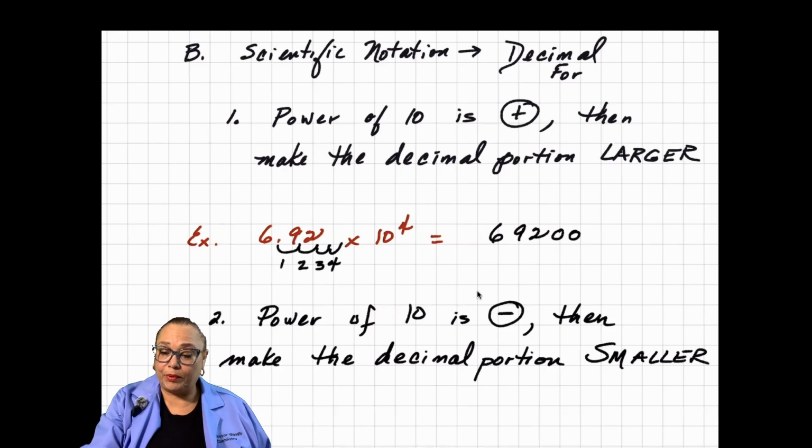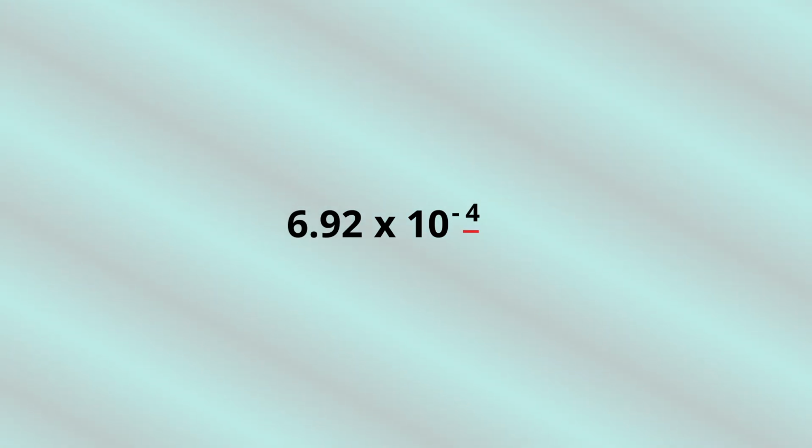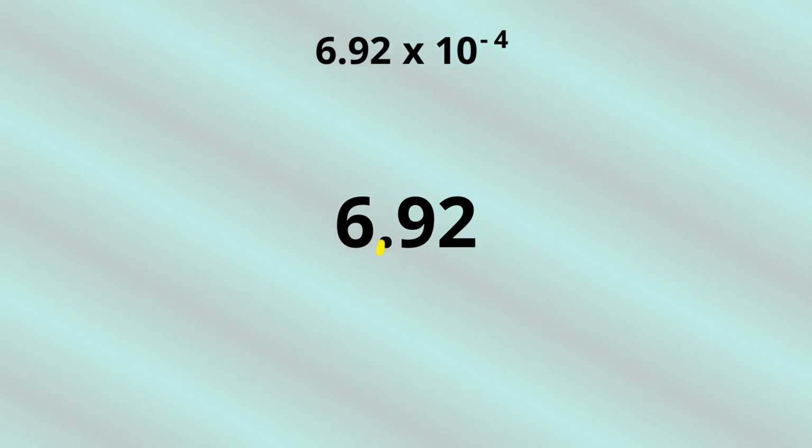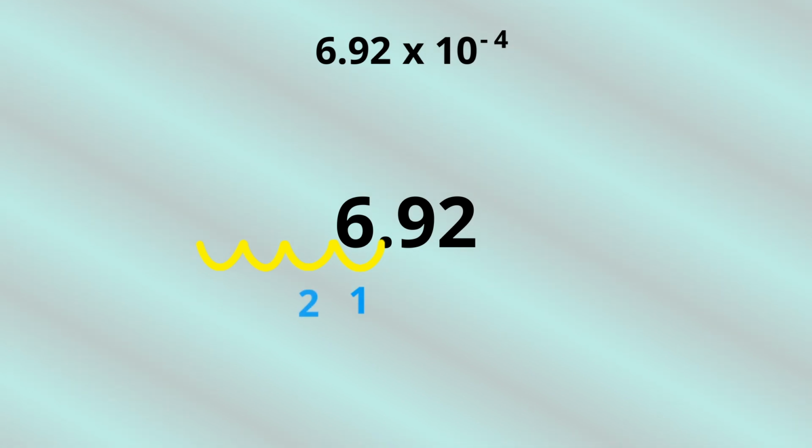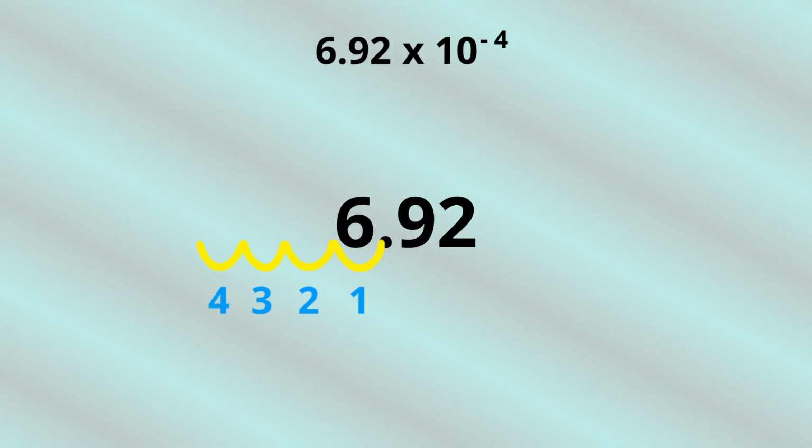So let's do an example. 6.92 times 10 to the negative 4. Now you see that it's a 10 to the negative 4, which means that it's going to be a little bitty, itty bitty number, right? I now have to go the other way. 1, 2, 3, 4. So I got to bring 1, 2, 3, 4, making it smaller by a magnitude of 4. So this number is 0.